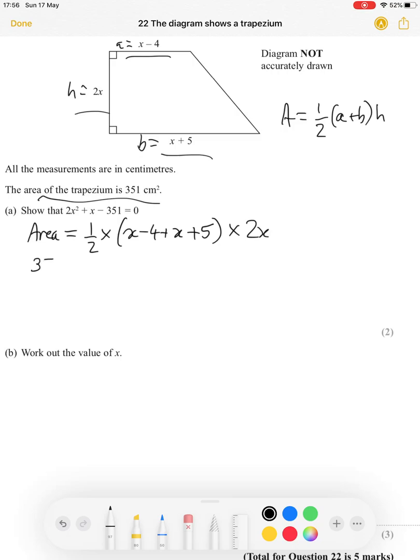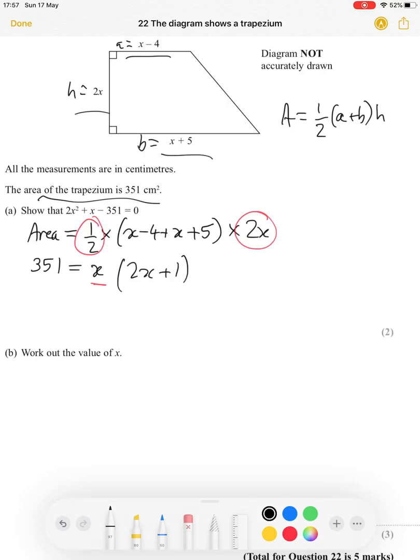So we have 351 equals, well, notice a half times 2x is just x. So the half here and the 2x, if we multiply those together, we just get the 1x. And then in this bracket, we have 2x, and then minus 4 add 5 is plus 1. And we're nearly there.